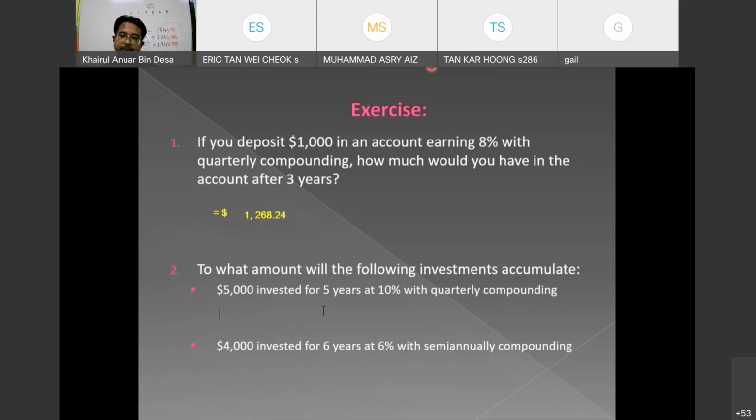Second one. Yang lain tolong check sama ada betul atau tak. I want to call Harry Santia.